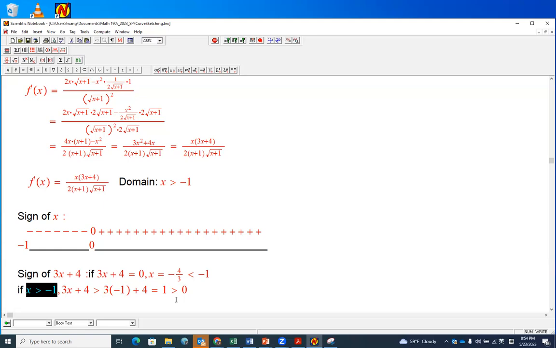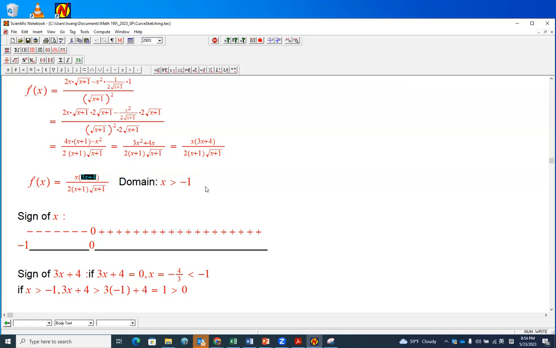Okay, do we see that? What does this tell us? If you plug in any number in the domain of f, say negative 0.9, any number between -1 and 0, 3x plus 4 is going to be positive.